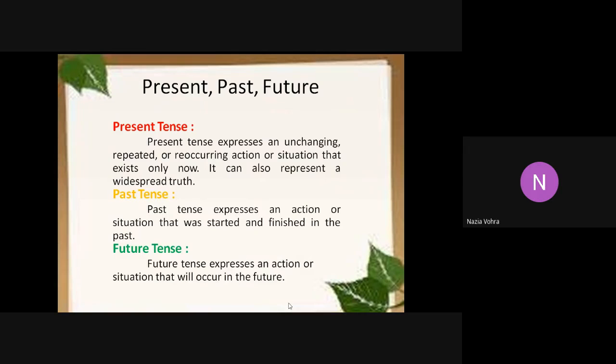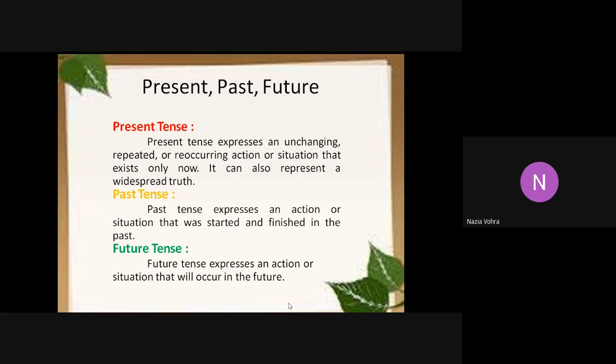Now, what type of sentences do we speak in present tense? The present tense expresses an unchanging, repeated, or recurring action or situation that exists only now. It can also present a widespread truth. That means, say, I am doing something right now, or some action is repeating again and again, or some actions are not going to change, they are going to remain the same.